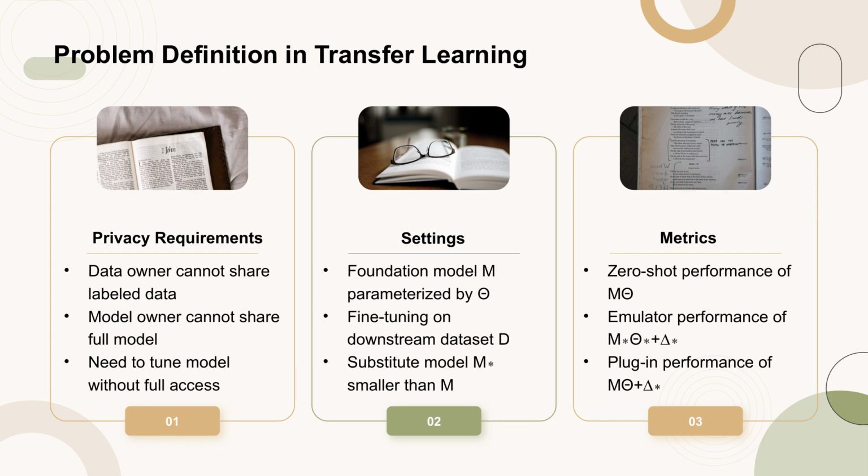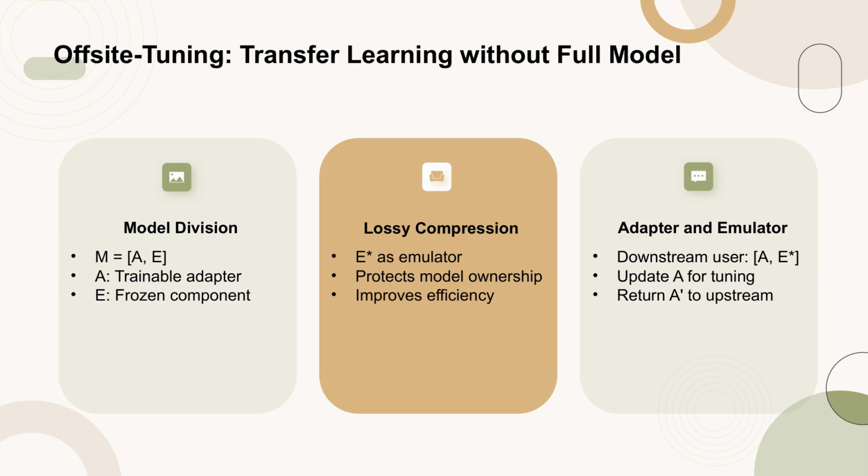To evaluate the method, we use metrics such as zero-shot performance, emulator performance, and plug-in performance. In the offsite-tuning framework, the foundation model M is divided into a small, trainable adapter A and a frozen component D. This division allows for downstream adaptation while protecting the model's integrity. Lossy compression is applied to the frozen component, resulting in an emulator E*.